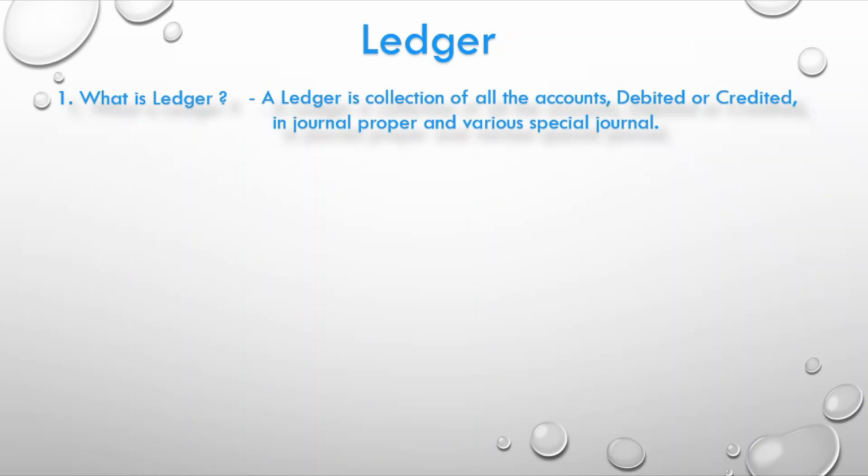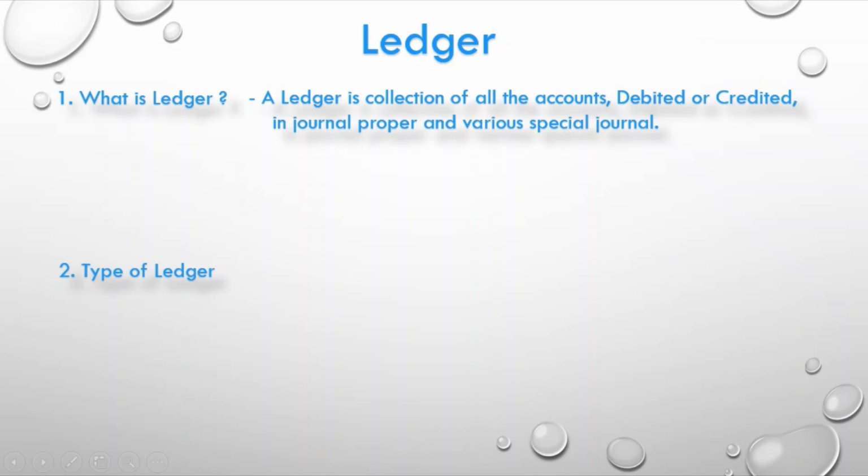That means a ledger is a collection of all the accounts debited or credited in the journal proper. That means you're recording in the journal, and then each account has a separate book. So that book, or page, is called a ledger.